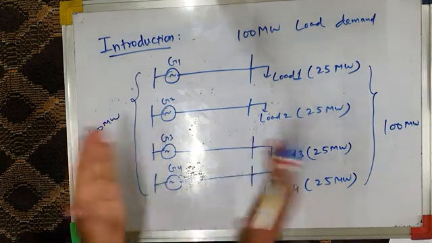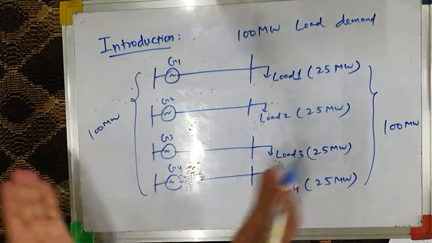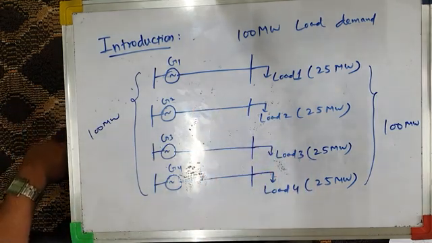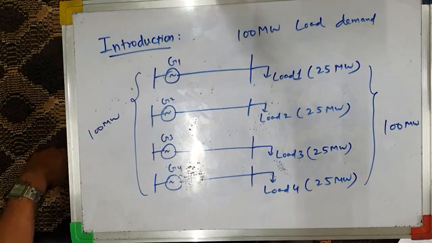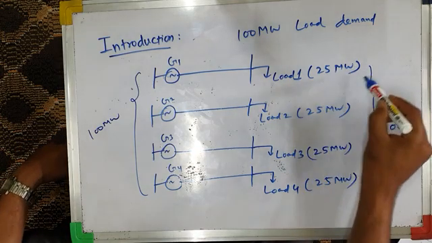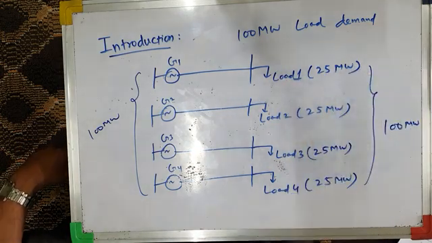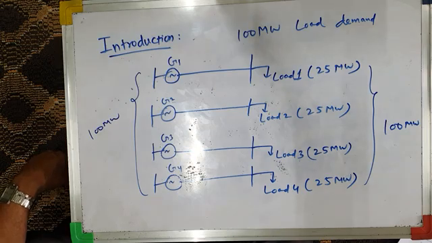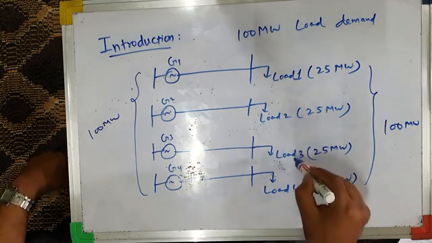Now these isolated power systems or isolated transmission networks have some serious drawbacks. One of the most serious drawbacks is that the generation capacity has to be very high. For example, your peak load demand of load 1 is 25 megawatts. Similarly load 2, load 3, load 4.